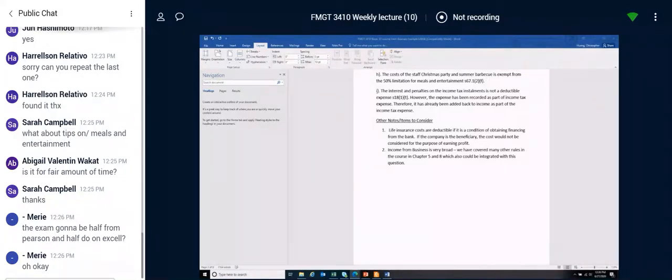I will just say this to you. There will be an intention that the Excel portion will be time pressured, just like on the midterm. So you have to remember, guys, there's two ways you combat cheating.